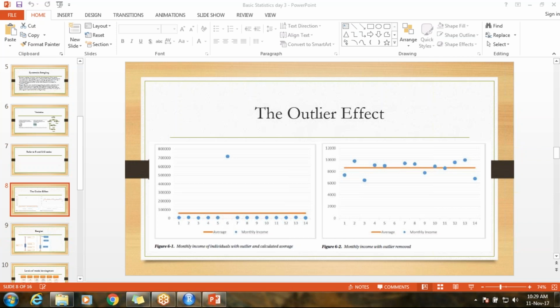But suppose in the same sample I include someone who is a senior director or an AVP of the company, then his salary would be an outlier compared to our pay structure. That is what an outlier means.